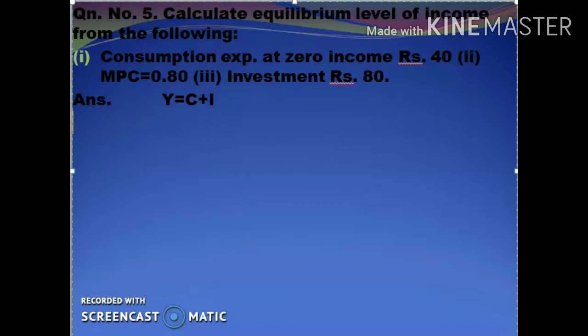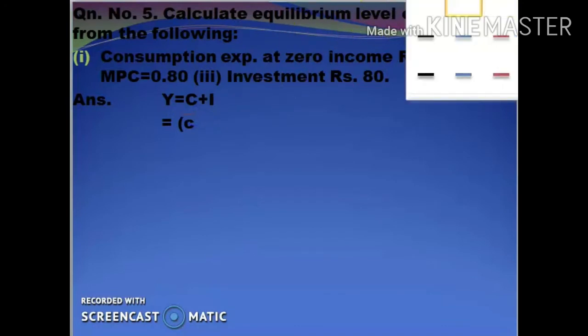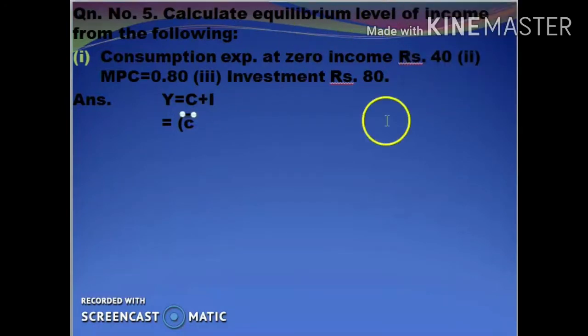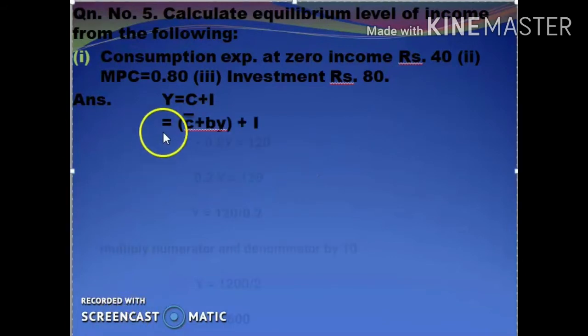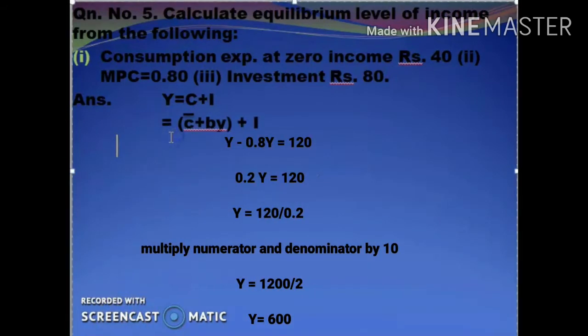You have to substitute C by the consumption function, that is C bar plus bY. Here autonomous consumption C bar is given: consumption expenditure at 0 level of income is 40. So C bar plus bY plus I is the formula.